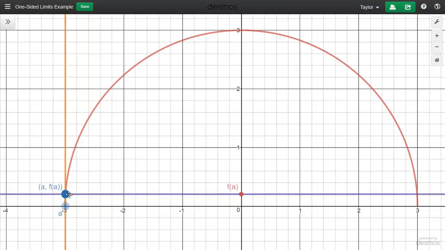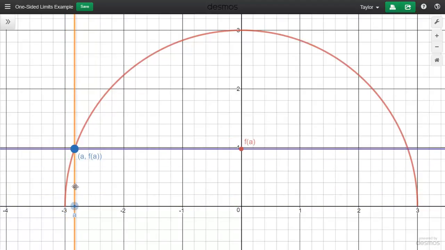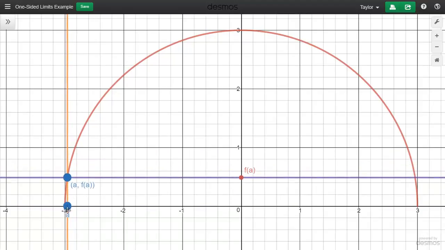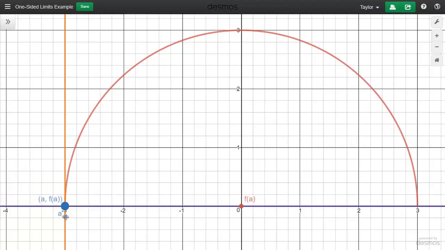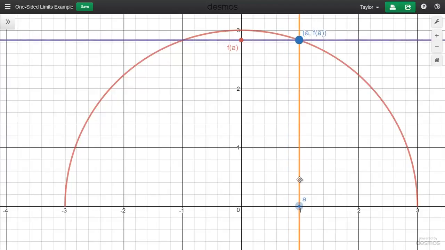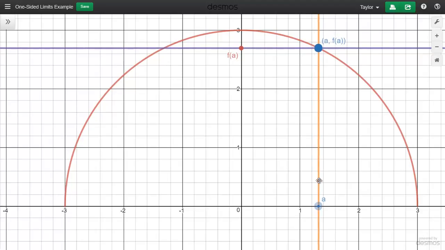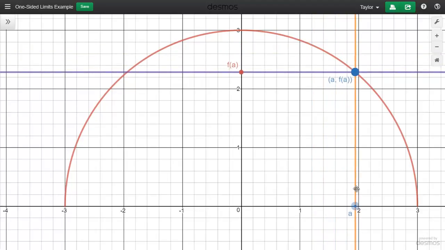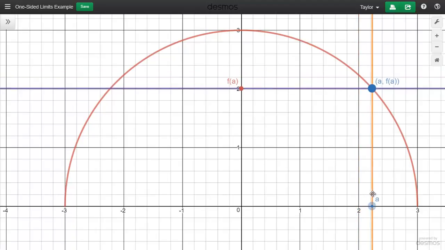So we would say that the trend in the y values as x approaches negative 3 from the right is 0. Now what about the limit from the left as x approaches positive 3? As a gets closer and closer to positive 3, look at what's happening to the y values, f of a, that purple line.